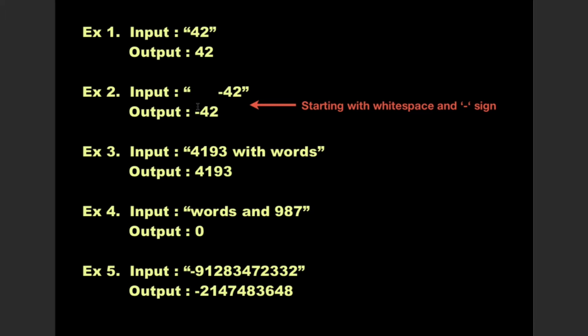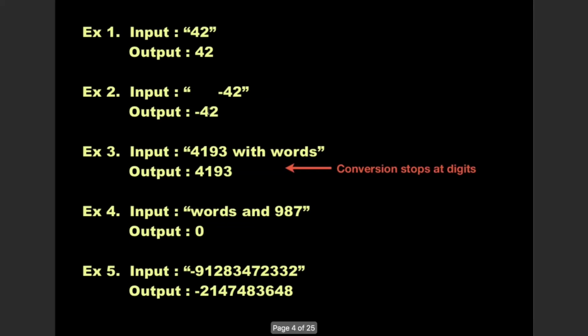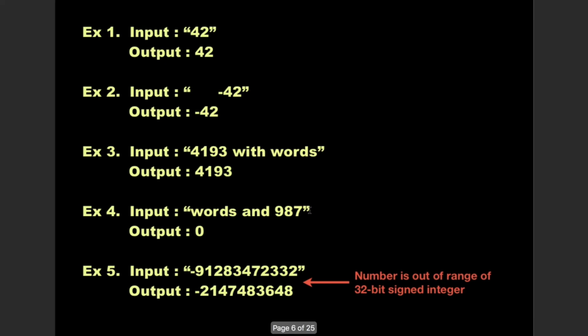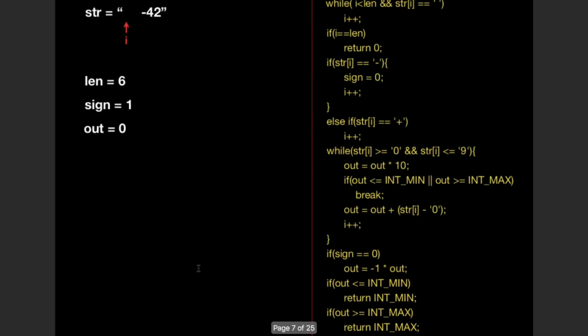Therefore, our output will be negative 42. In example 3, we start the conversion by converting the digits 4193 to an integer and the conversion stops at the non-digit characters. In example 4, the first character is W, which is not a numerical value. Therefore, we return 0. And in our last example, the number is not in the range of a 32-bit signed integer. Since the number is negative, we return the minimum integer value.